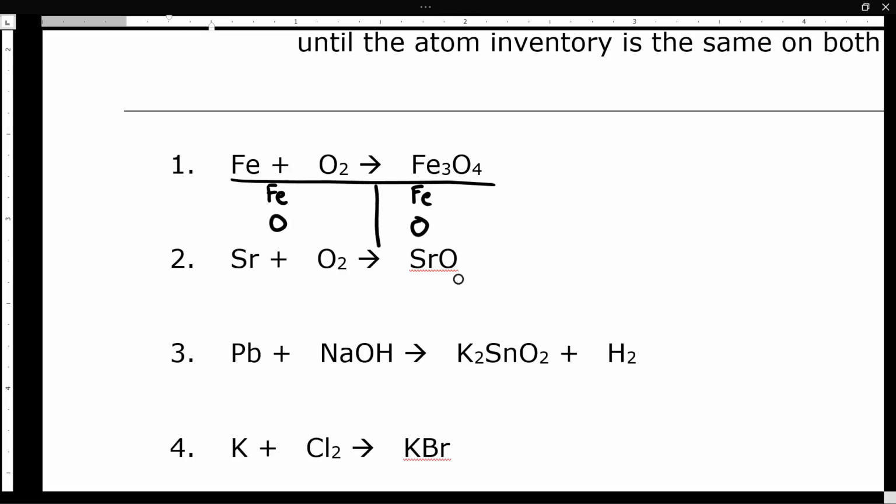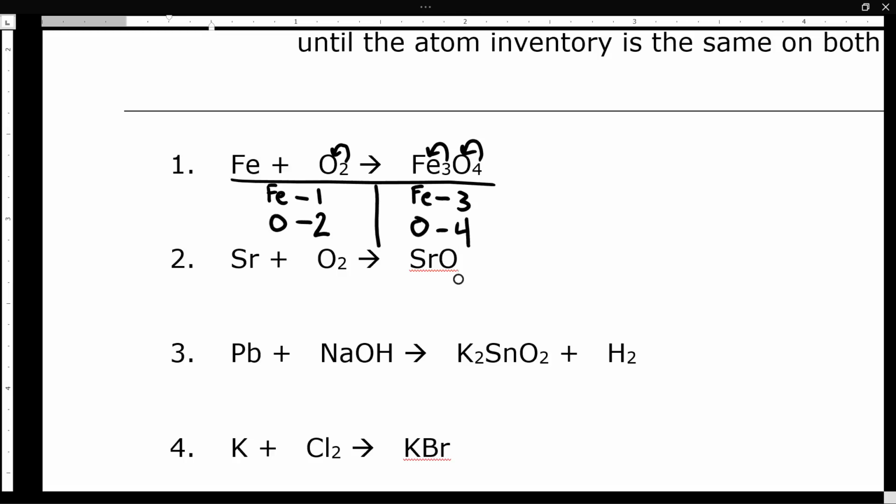Over on the left, we've got 1 atom of iron, and this number right here is called a subscript. This tells you that there are 2 oxygens. So I've got 2 atoms of oxygen on the left. Over here on the right, I've got 3 atoms of iron, because that's what the little subscript is telling me, and I've got 4 atoms of oxygen.